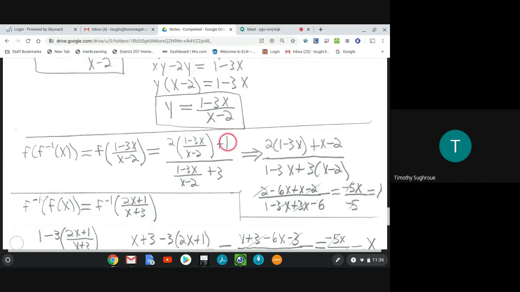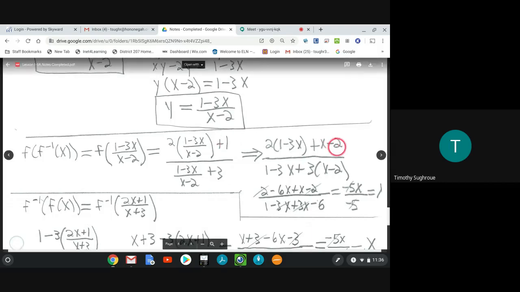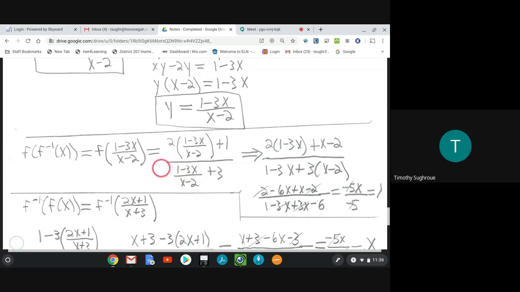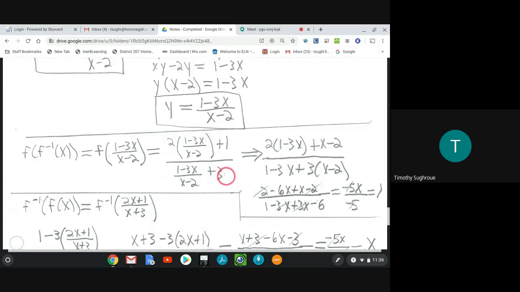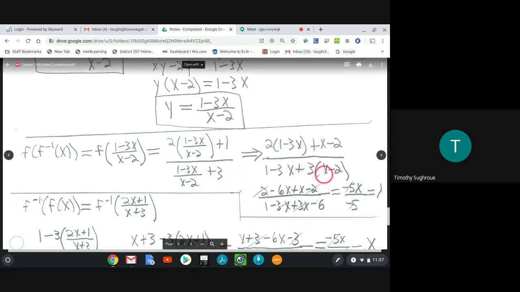I wrote it right there. But I've got to multiply this by x minus 2. If I multiply this term by x minus 2, the factors of x minus 2 cancel. I'm just left with 1 minus 3x. But I have to multiply the 3 by x minus 2.